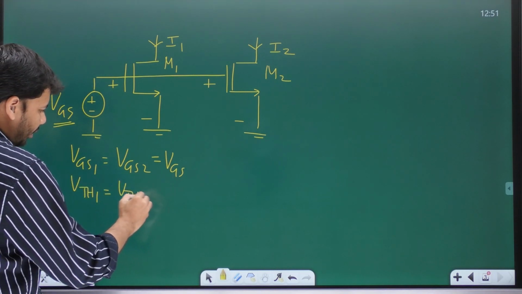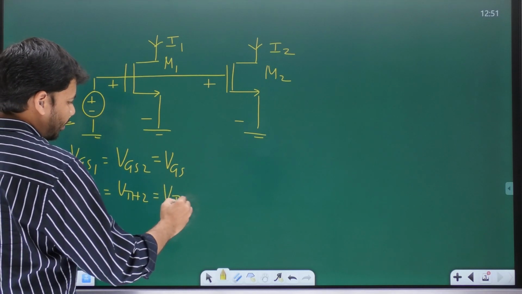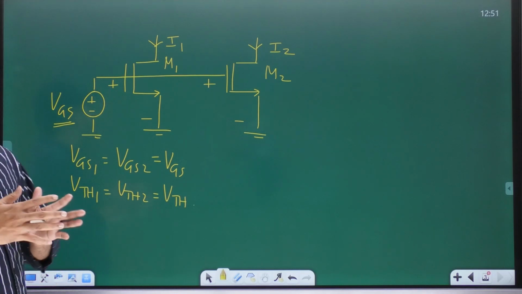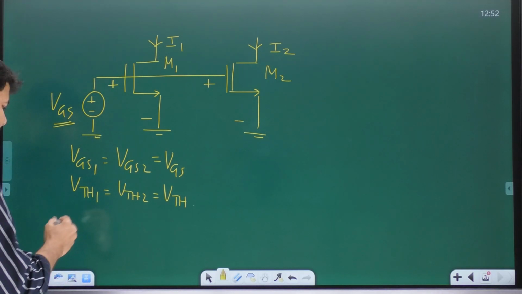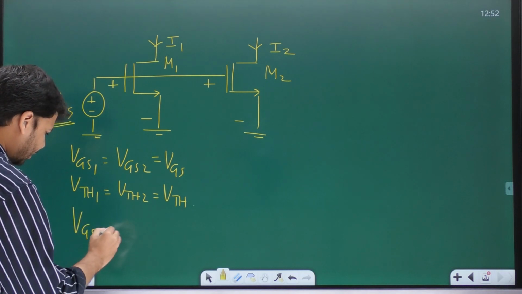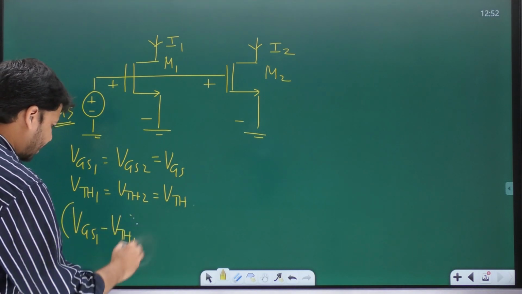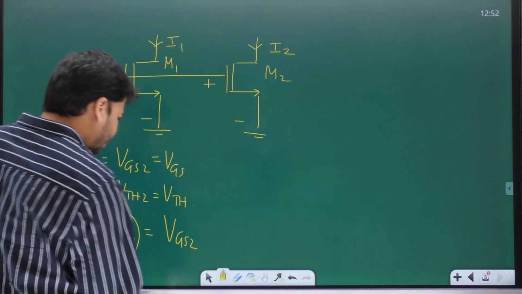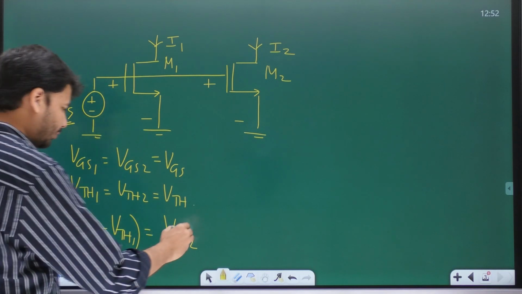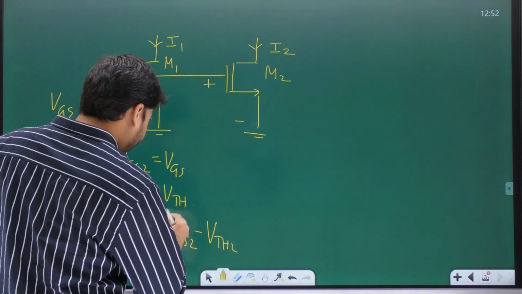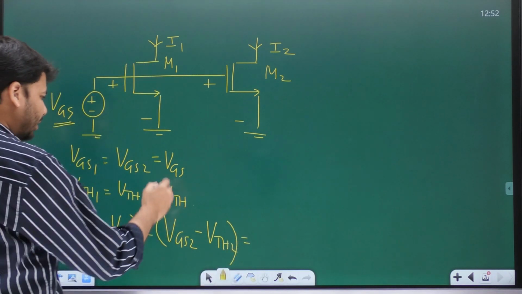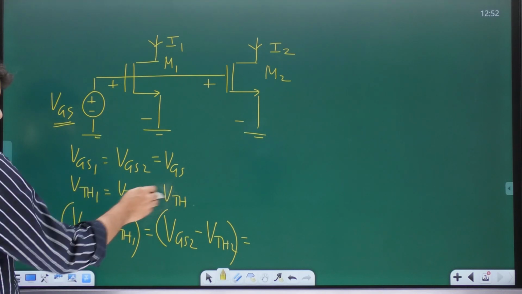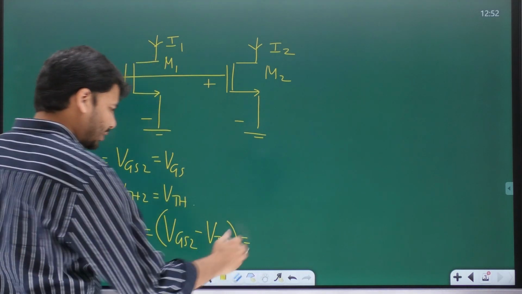VTH1 equal to VTH2 equal to VTH. Now if VGS is the same for both transistors, and if VTH is also the same for both transistors, can I not say VGS1 minus VTH1, which is the overdrive voltage of M1, is the same as the overdrive voltage of M2, which is VGS2 minus VTH2? Since VGS1 and VGS2 are equal to VGS, and VTH1 and VTH2 are equal to VTH, the two overdrive voltages can be written as what?